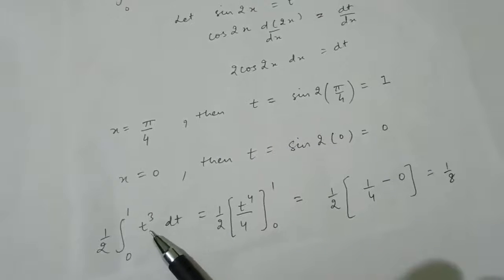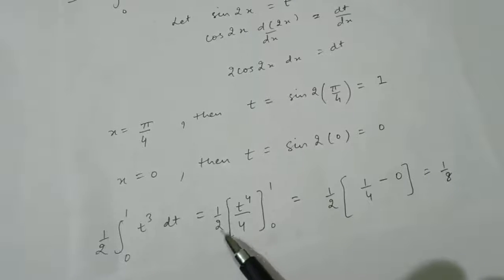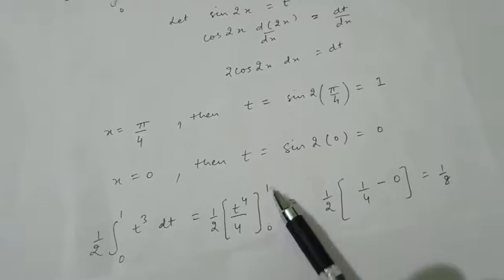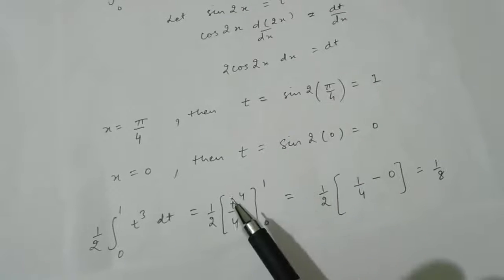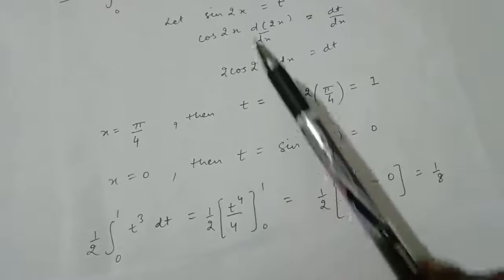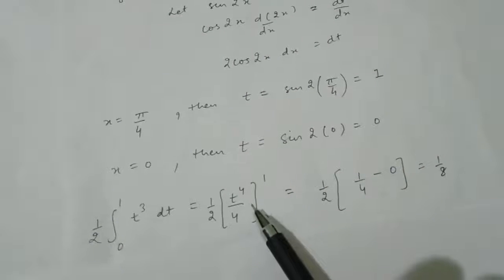Now you know the integral of t cube, that is t raised to the power 4 upon 4, with 1 by 2 as it is, from 0 to 1. Now see, what is the benefit of changing the limits? In the previous cases, what we were doing, in place of t, we again wrote the value of t, that is sin 2x, and then we put the limits.